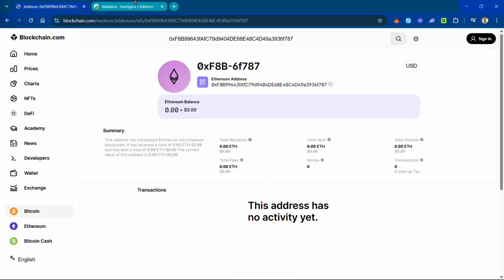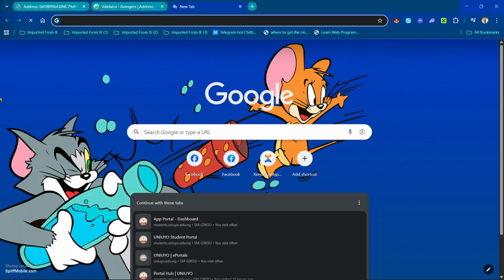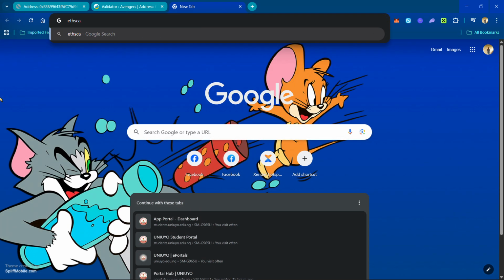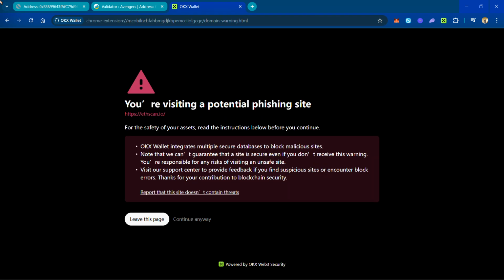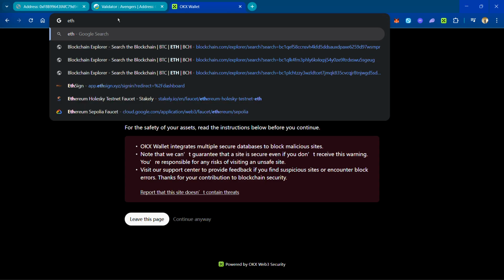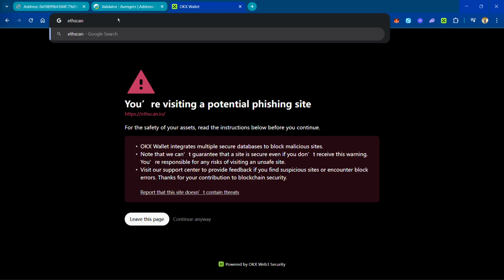Let's go to the Ethereum blockchain explorer, Etherscan.io. I think that's IO. Sorry, it's gone.